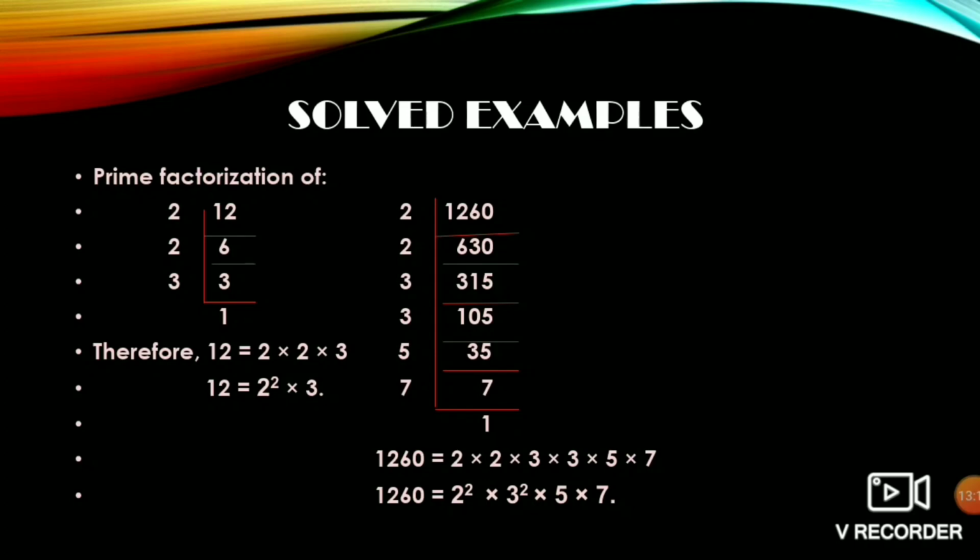So 1260 can be expressed as 2 multiplied by 2 multiplied by 3 multiplied by 3 multiplied by 5 multiplied by 7, which can also be expressed as 2 raised to the power 2 because 2 is appearing twice, into 3 raised to the power 2, 3 is also appearing twice, into 5 into 7. This shows that the prime factors of 1260 are 2, 3, 5 and 7.